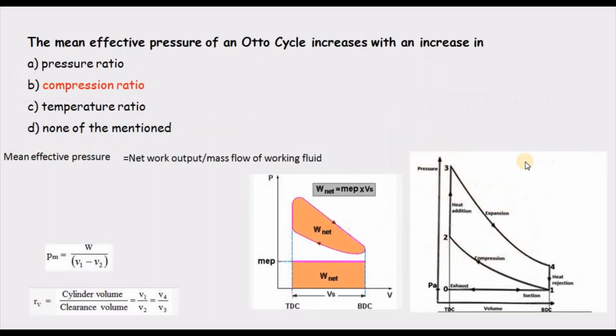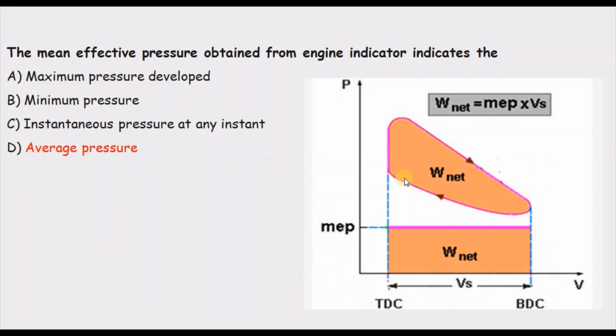We put a sensor, and whatever work we get is denoted by the area of this loop. Corresponding to that area, we draw a rectangle of equal area, and one side of the rectangle corresponds to the stroke of the piston. This stroke of the piston remains the same, and corresponding to the area, we get the other side.